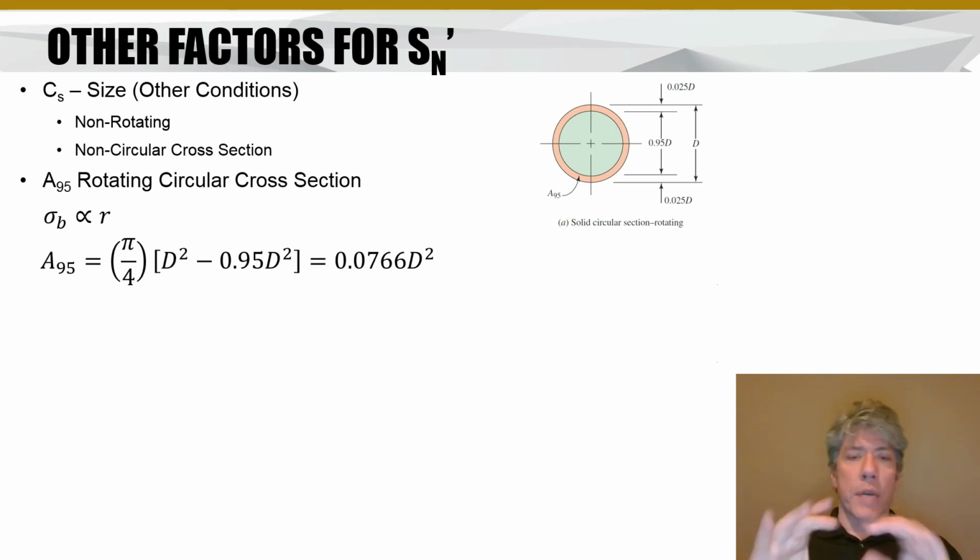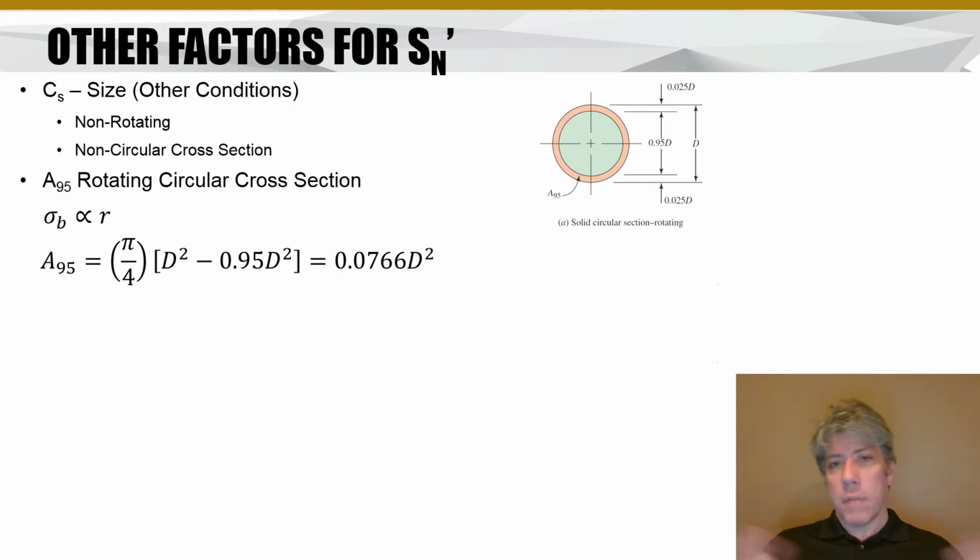So we're going to look for the area where the stress is at least 95% and above of the maximum stress. And since the stress is simply proportional to the radius, this is a pretty simple thing. All we need to do is calculate the annular region that's in pink there, and here's the equation for it. It comes out to 0.0766 times the diameter squared.